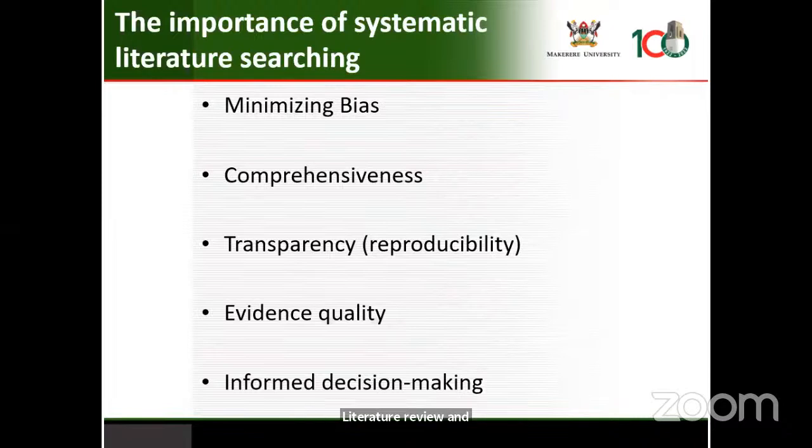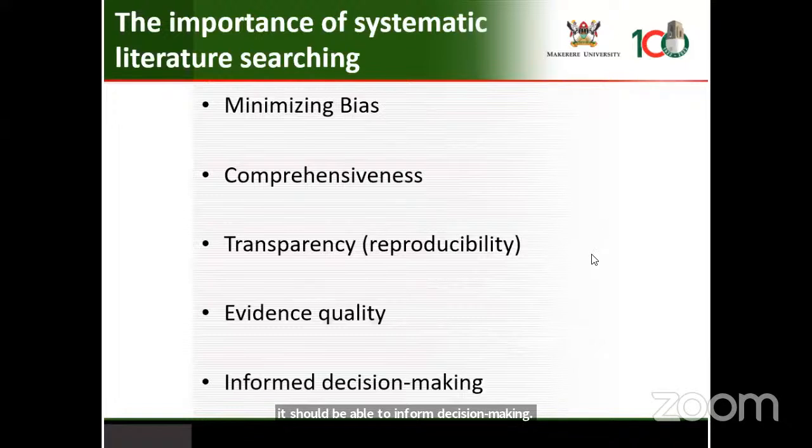And also about evidence quality. The search strategy should be able to pick out the best evidence on a particular topic, and it should be able to inform decision-making.